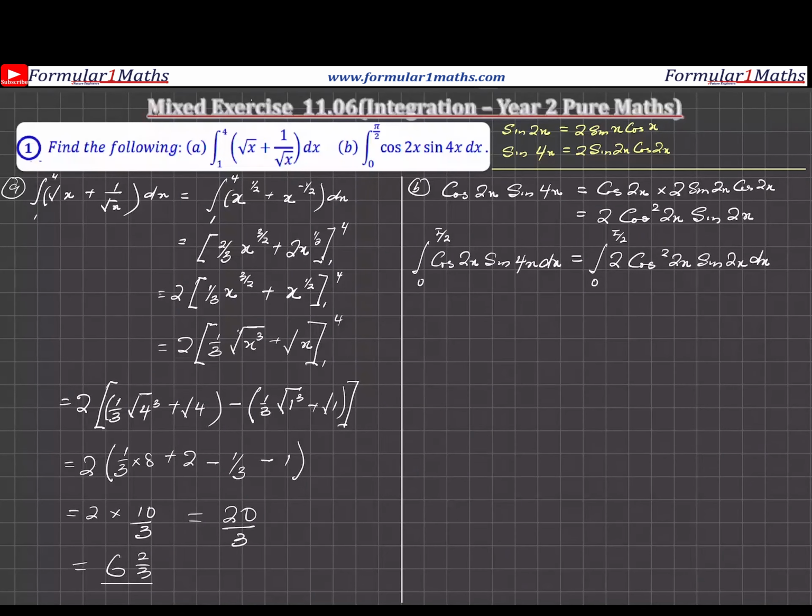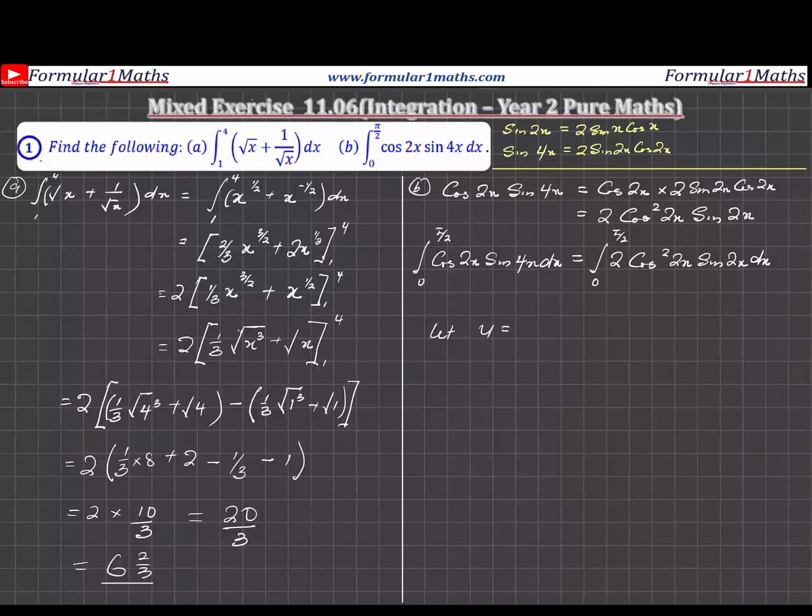Now I'm going to use substitution. Let u equal cos 2x, that will mean that du is equal to minus 2 sine 2x dx. It also implies that minus du is equal to 2 sine 2x dx.